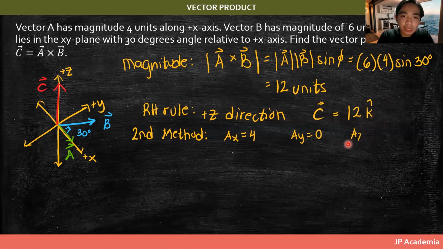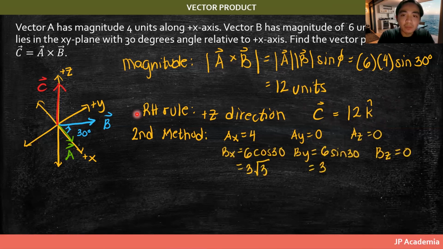So, second method dito, ay yung pagkuha mo na ng components, this is very similar lang sa ginawa natin kanina for the scalar product. So kunin mo si A sub x, B sub x, A sub y, B sub y, then A sub z, B sub z, which is 0 lang naman kasi si vector A and B ay nasa xy plane mo lang. Okay?